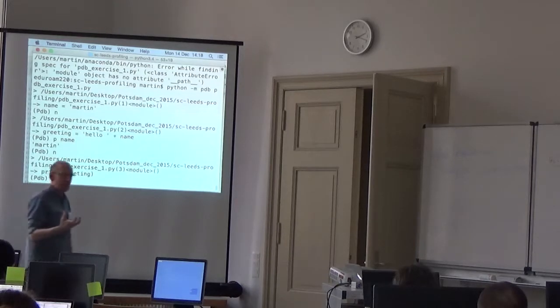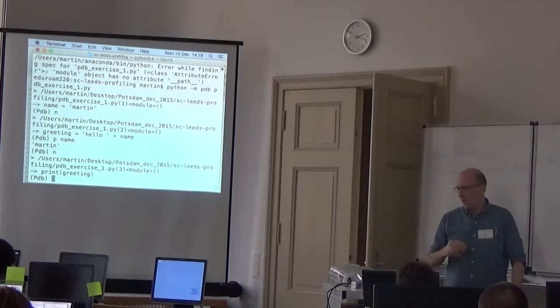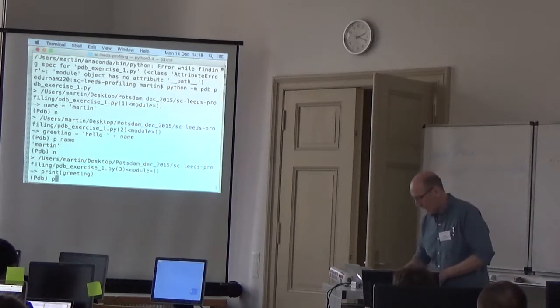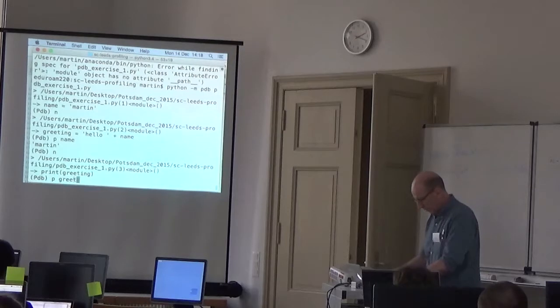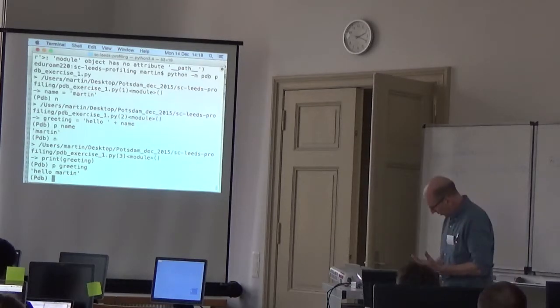What command are we going to use to see whether it has the value we think it does? Inspect. It's P, isn't it? So we'll do a P greeting, like so, and that should have the value hello Martin, which it does, which is excellent.